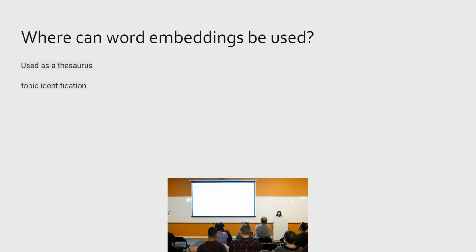So what can we do with word embeddings? Well, we can identify topics. We can use it as a thesaurus. And now we are using it as input to these highly complicated models like BERT, which came out last year, 2018. Another deep learning model by Google, which has been beating all of these tasks that we have in different spaces, like question answering, or most of the generic NLP tasks.